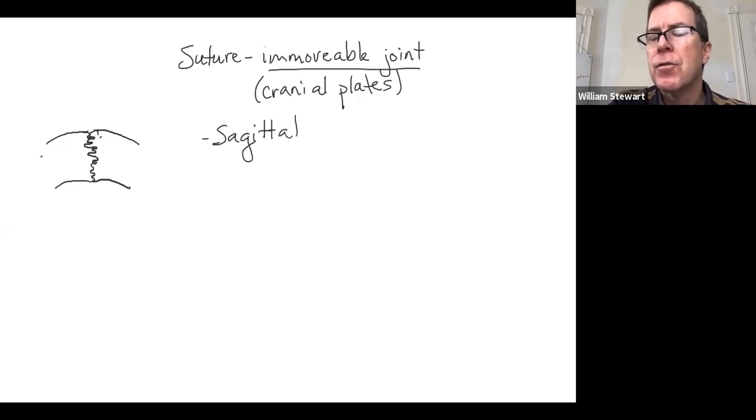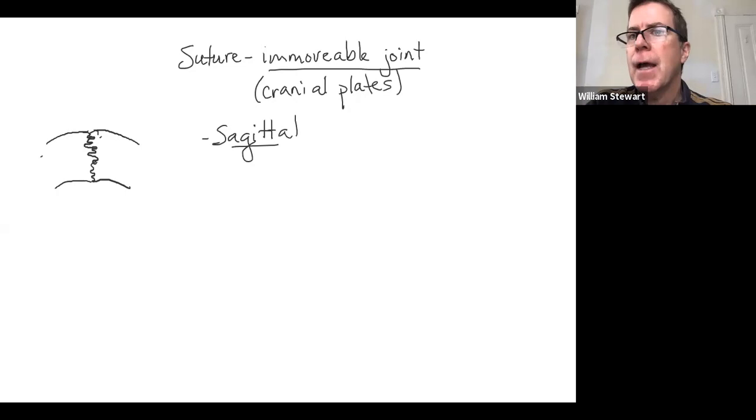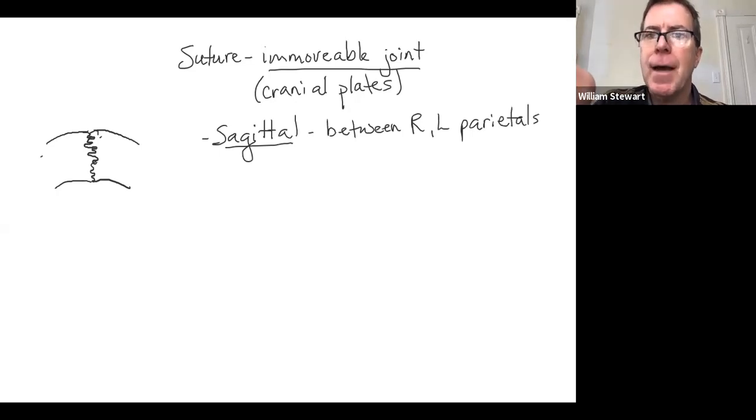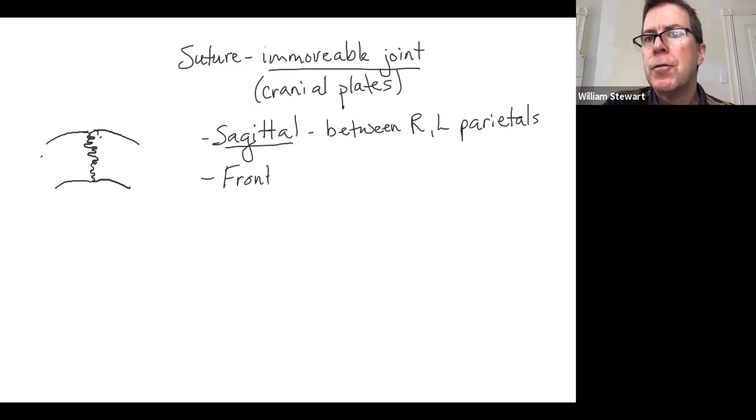There's a sagittal suture. The sagittal suture literally runs between the right and left parietal bones I've drawn in my picture. Looking at the top of the head, it runs right down the center of the head. There's also a frontal suture, sometimes also called, I'm going to write its other name, the coronal suture.